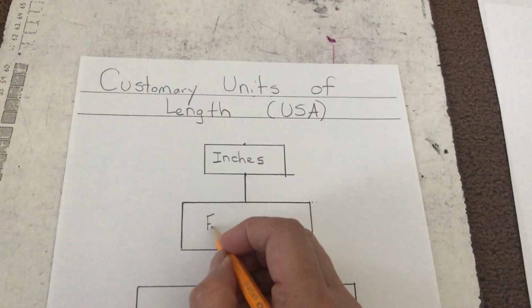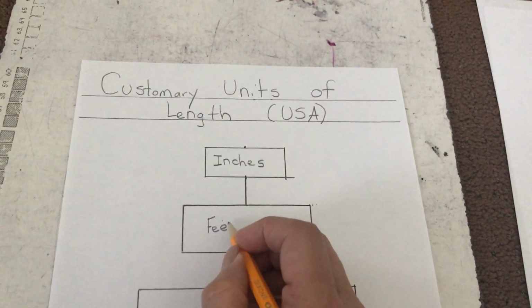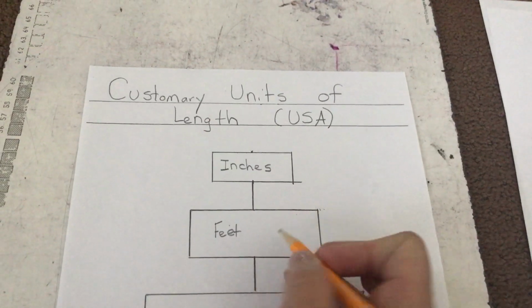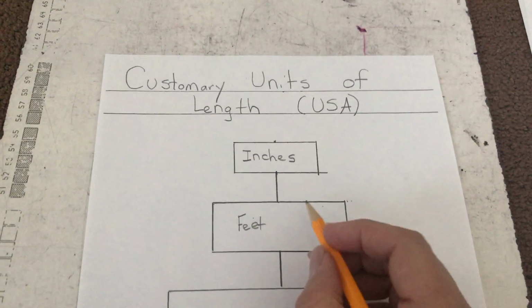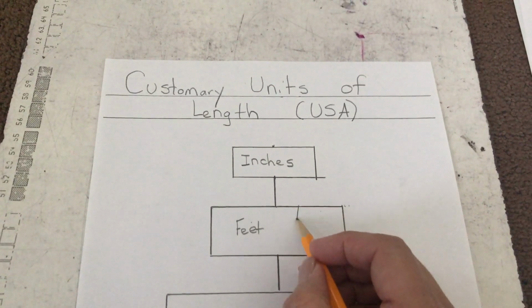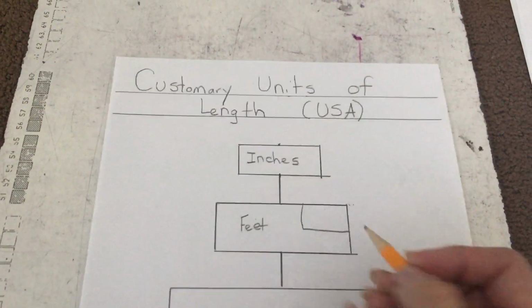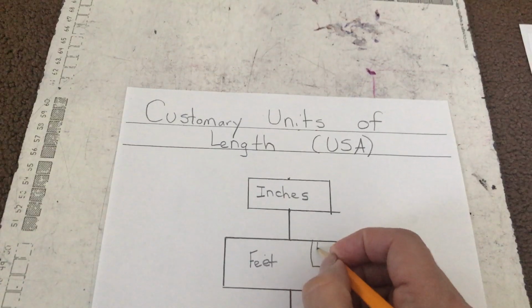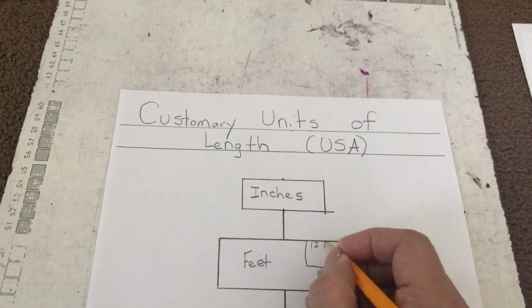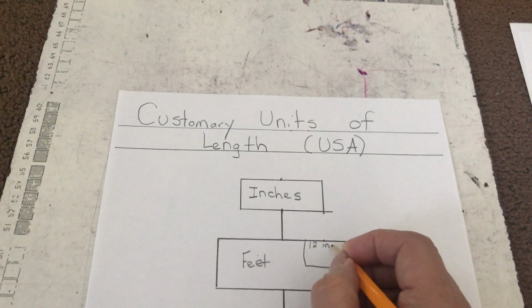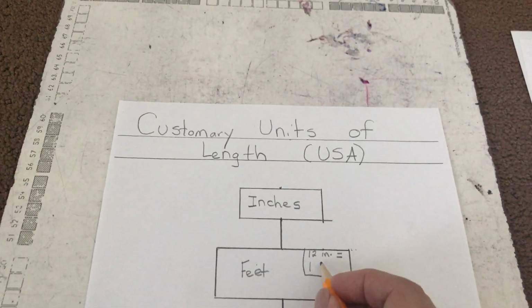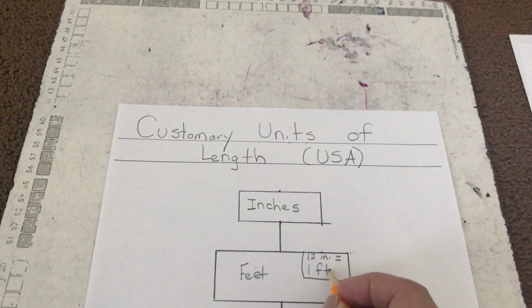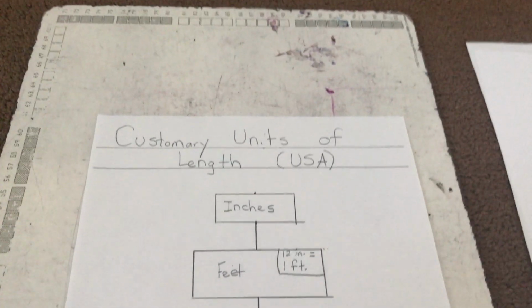And you're going to write it kind of in the middle, but leave some space over here on the right-hand side. Because this is what I want you to do. After you write the word feet, make yourself a little box, box it in, and you're going to put 12 IN for inches equals 1 FT, 1 foot.